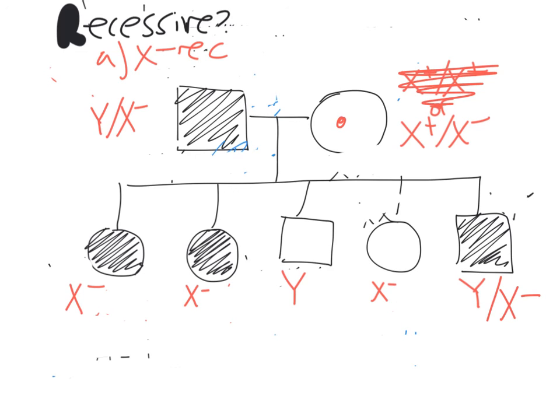And since she's a carrier, she also has a plus X chromosome that she can give to her unaffected son. The unaffected daughter got which chromosome from mom? The plus. And she'd be a carrier.